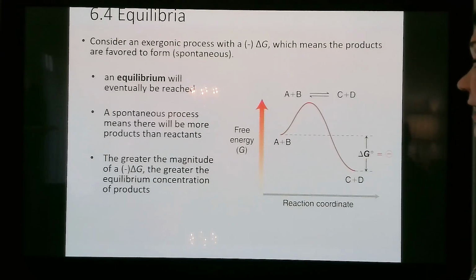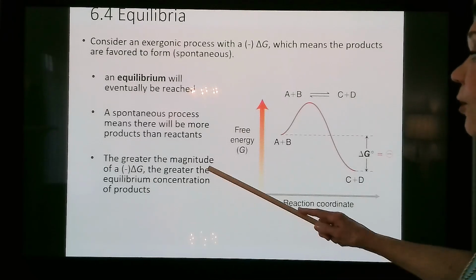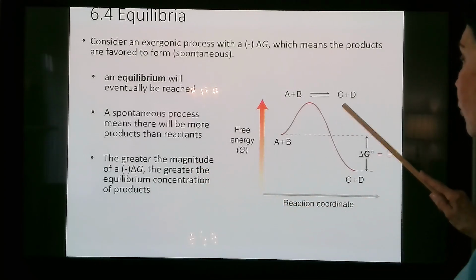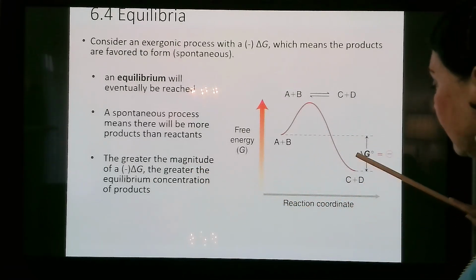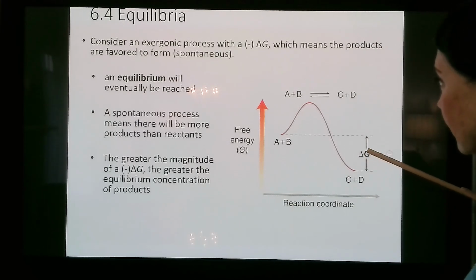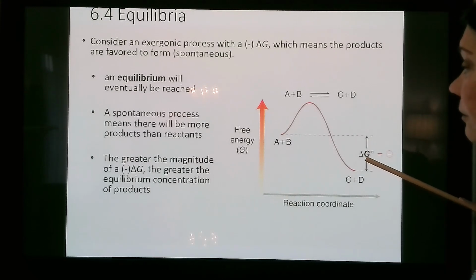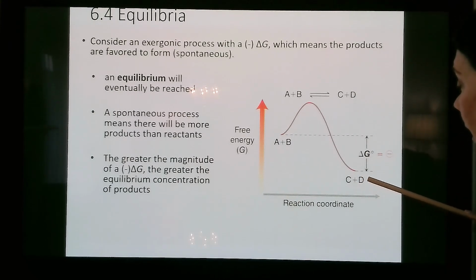And we're going to look at that just a little bit. The greater the magnitude, the larger the number of this delta G, the free energy difference, the greater the products will be represented.